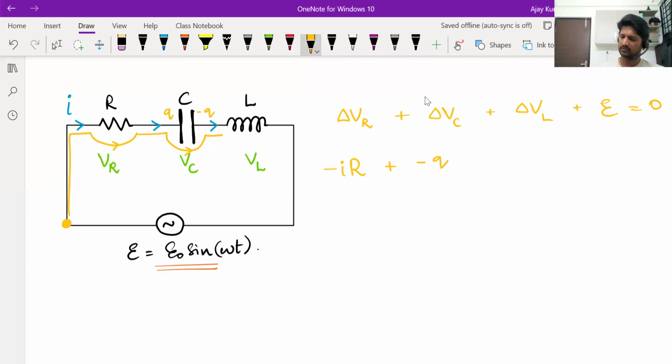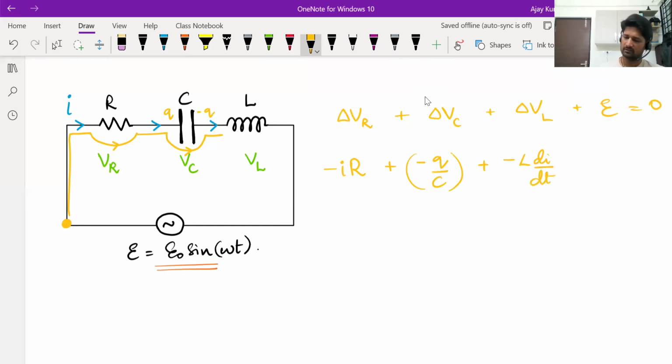Then you will write minus Q by C. Remember this, okay? In a capacitor, Q is equal to CV, so V is equal to Q by C. But when you apply it in the KVL equation, it will be the negative of the charge on the first plate divided by C. Next, voltage across the inductor, as you said, is minus L di by dt, because we are going in the direction of current.